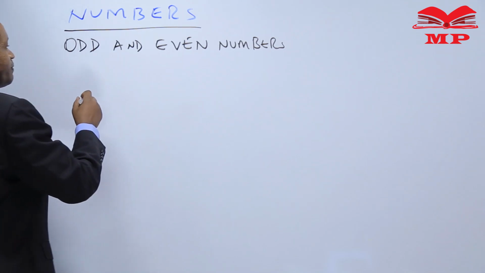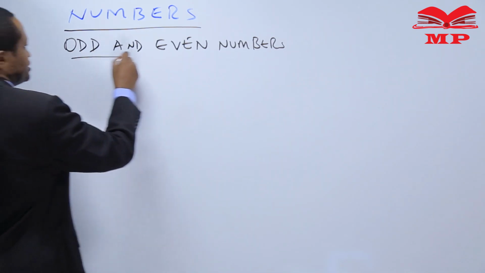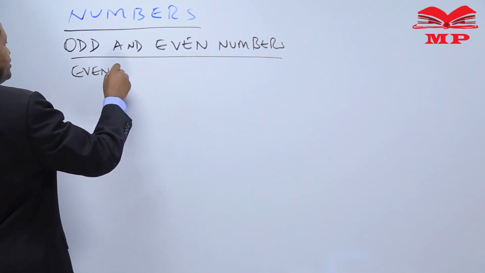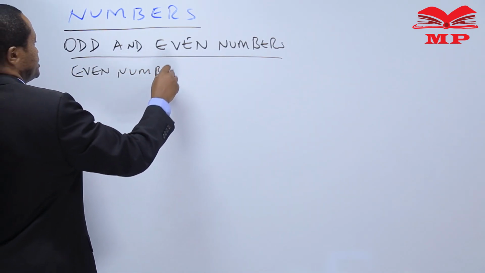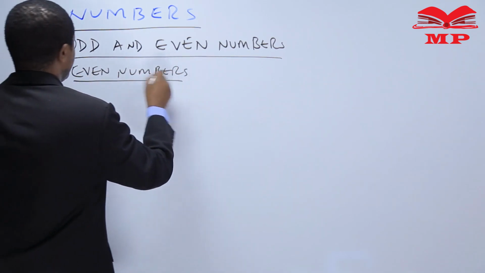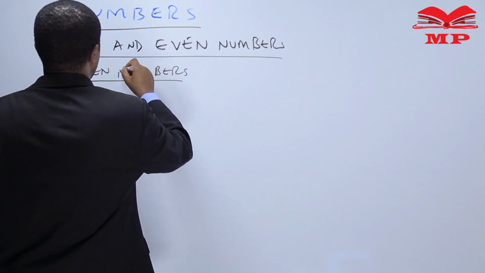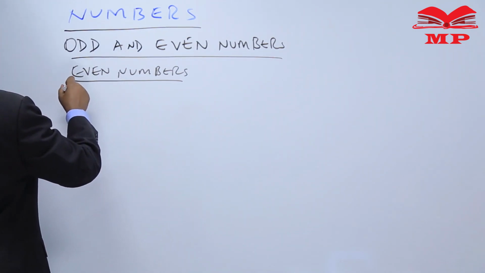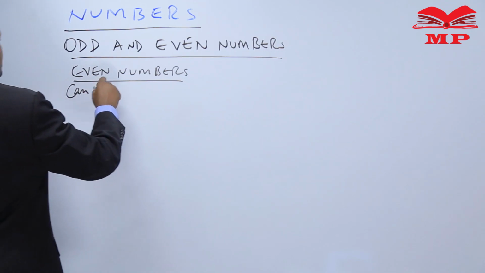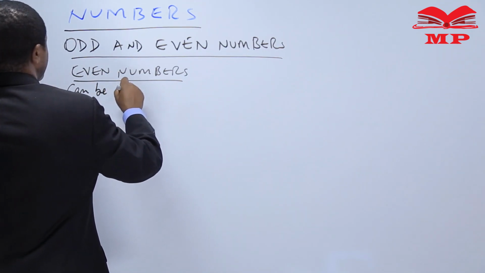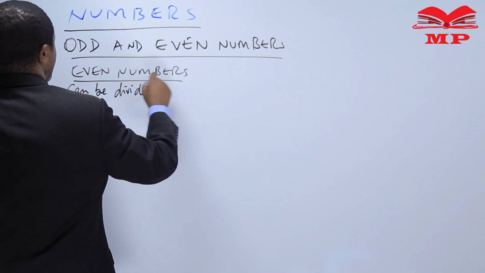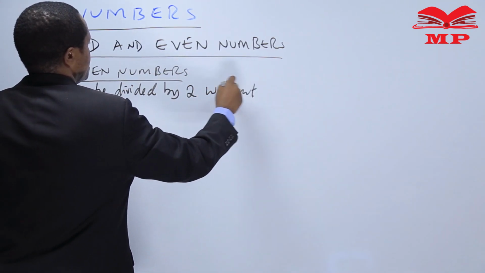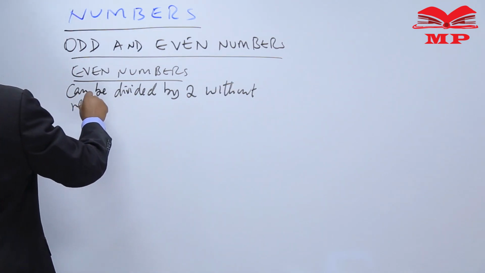Now starting with the even numbers, if you remember well, learners, we said that even numbers are numbers that can be divided by 2 without remainder.